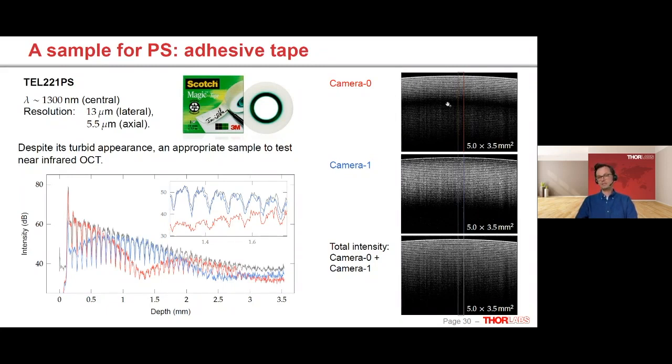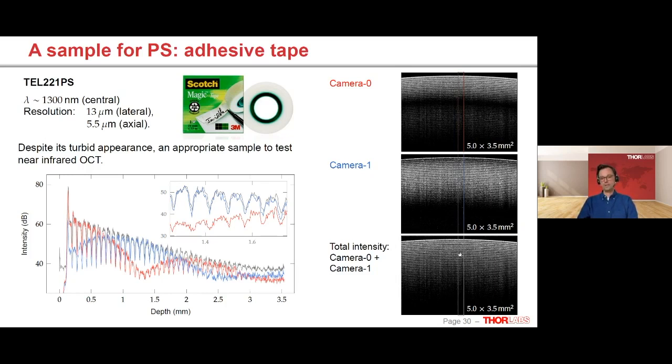Again, we see this dip in signal intensity at a certain depth. But for camera 0 and camera 1, these dips of signal loss are at different depths. Here it's in the middle, and for camera 1, it's at the top and further down. If we combine those two, we get an image that we call total intensity, and that's an image that doesn't show these effects anymore.